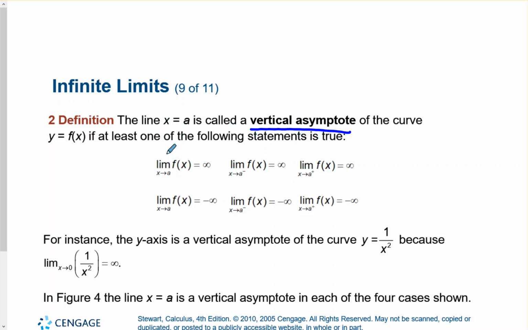If the limit of the function goes to infinity as x approaches a in general, or x approaches a from the left, or x approaches a from the right, the function will be infinity, and we have a vertical asymptote. Similar thing in the other direction: if the function is going to negative infinity as x approaches a, then we have a vertical asymptote that way as well.